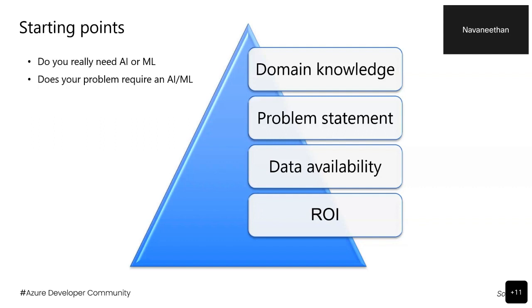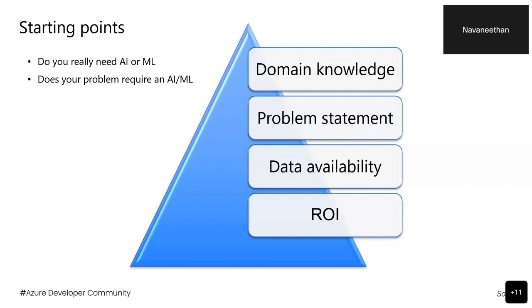Whenever you plan to do some AI project or any POC, we need to have sufficient domain knowledge so that we can solve the problem easily. And it's always important to spend a good amount of time creating the problem statement. If your problem statement is not clear, you may need to spend more time on the data collection or the model building and all. So it's always important to define your problem clearly.